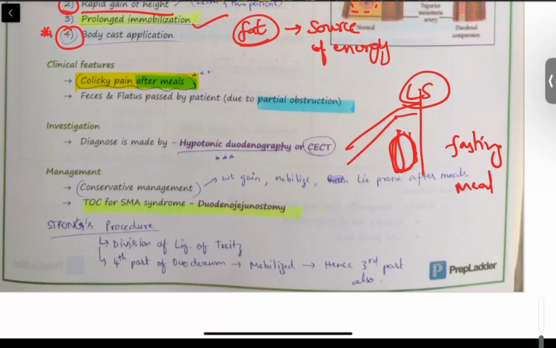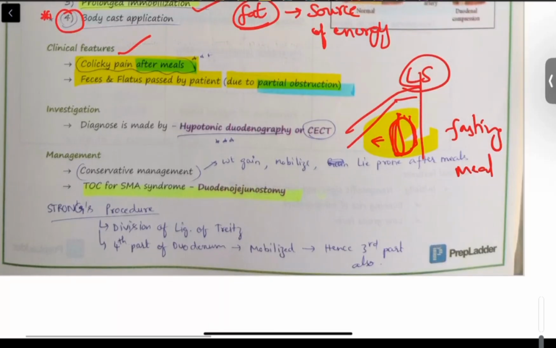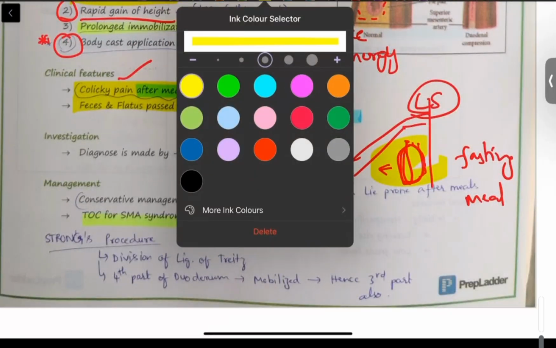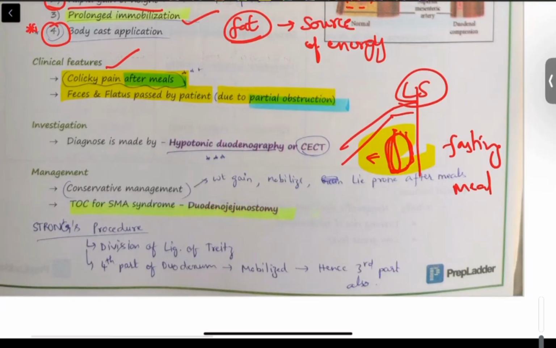Because of that reason, whenever he has meals, he'll start developing colicky pain. And soon after consuming, he'll have the urge to pass feces and flatus, so that whatever dilation is there will get relieved and the patient will have relief from pain.